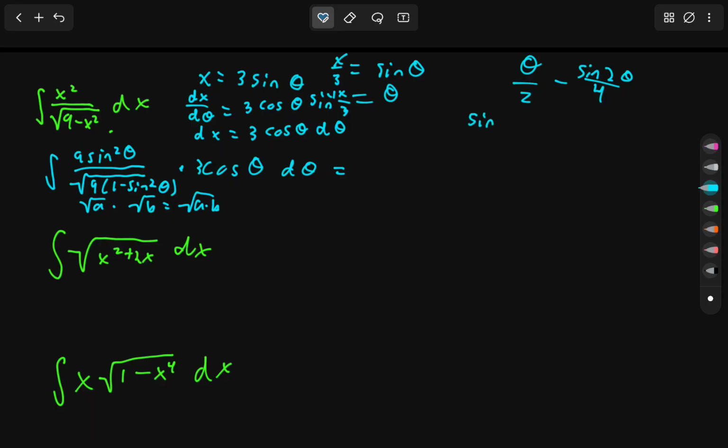So we get sine inverse of x over 3 over 2 minus sine of 2 sine inverse of x over 3 all over 4.